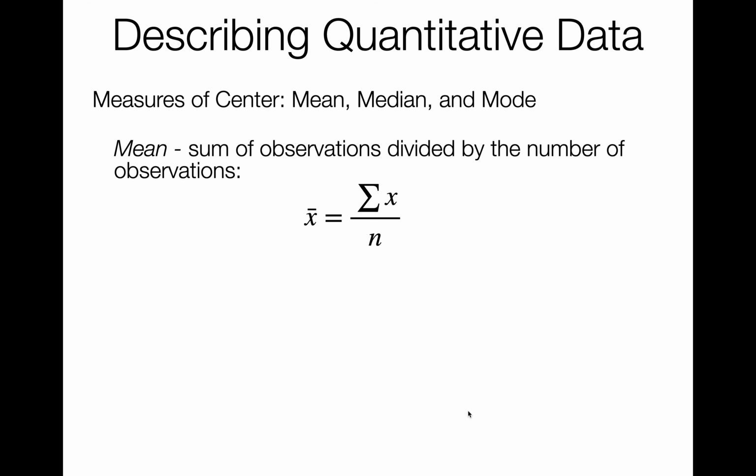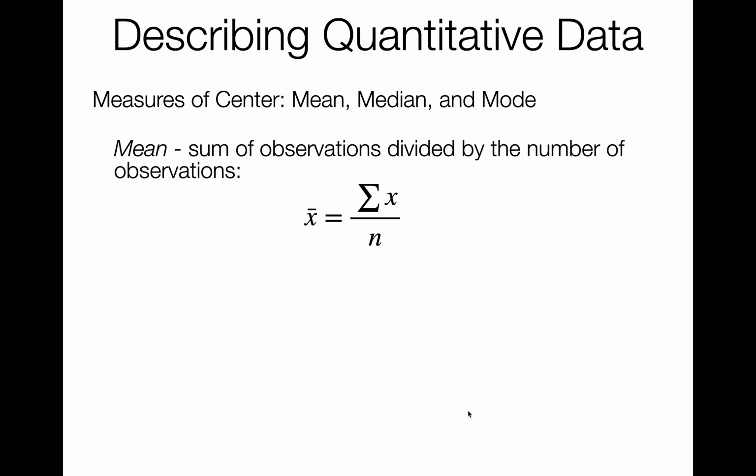In a mathematical equation, it looks like this. We're going to call the mean x with a bar over top of it, or x bar. So the mean is called x bar, and you sum all the observations up. So on the top I have a capital sigma, and sigma in math, the capital one at least, represents summing things.